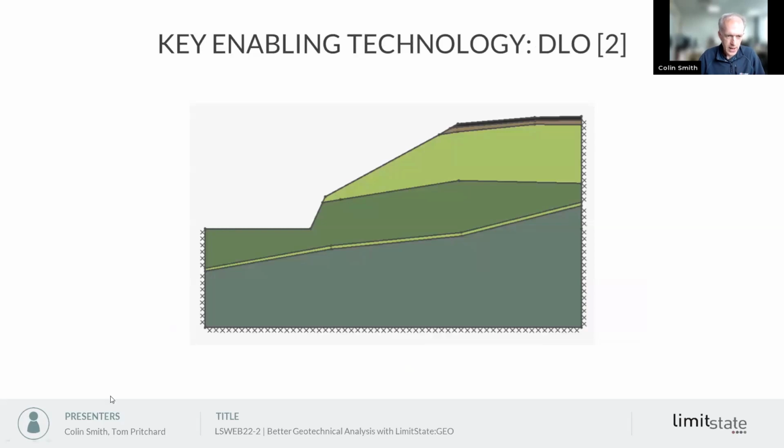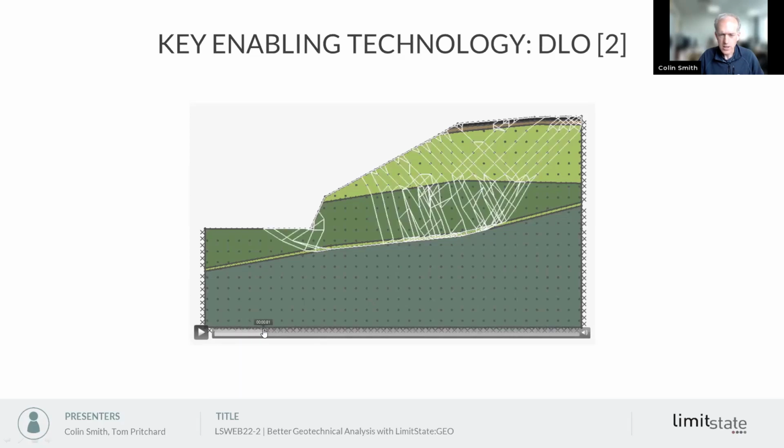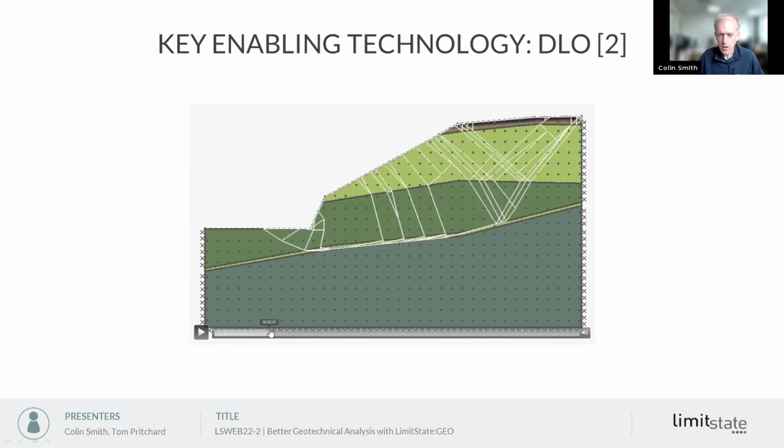And just to illustrate that with our previous slope example, if I just run through the solution stage, you can see here all the nodes have been applied to the problem, and the mechanism can be made up of any set of slip lines that form any line joining any pair of nodes. As we scroll through that, what the software does is it trials a few layouts of slip lines till it gets to the optimal one, which is mathematically rigorous.